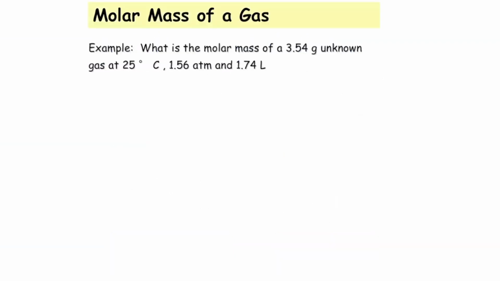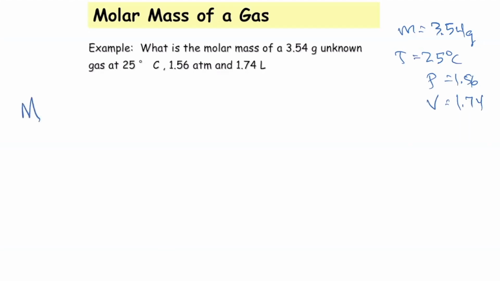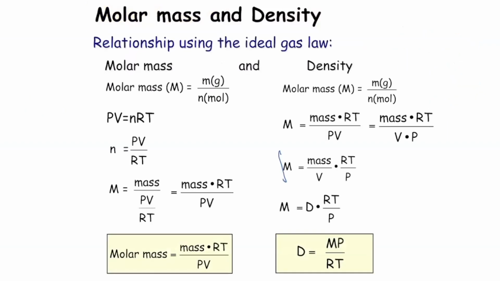So here's a question. What is the molar mass of a gas? You have a mass of 3.54 grams, the temperature is 25 degrees, the pressure is 1.56 atmospheres, and the volume is 1.74 liters. Remember that the molar mass, capital M, is equal to mass times RT over PV.